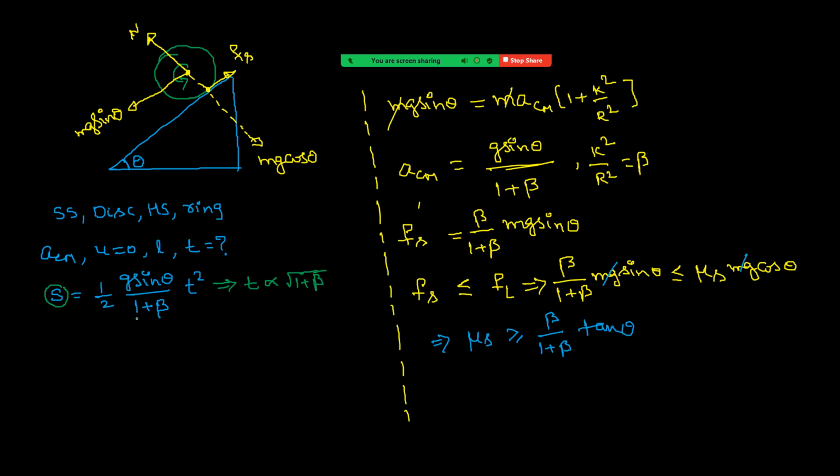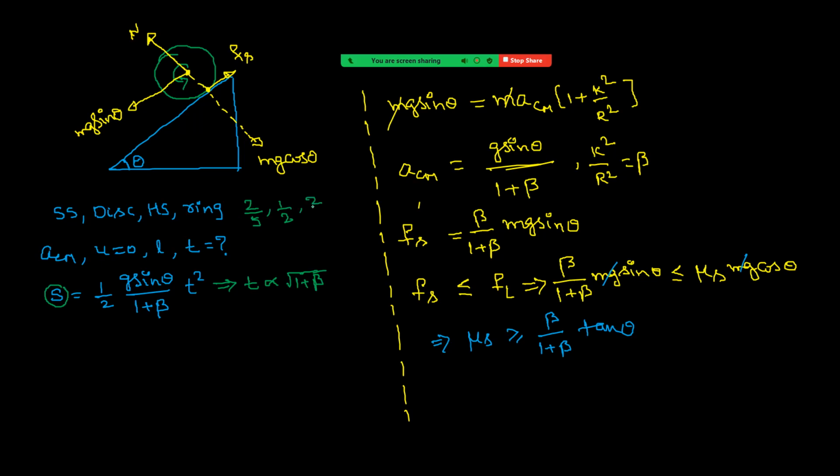If beta value is less, t will be less. That means that body reaches the bottom of the incline in less time. Okay. Now you can see for solid sphere, it is 2 by 5, right? 2 by 5 for solid sphere. For disk, 1 by 2.